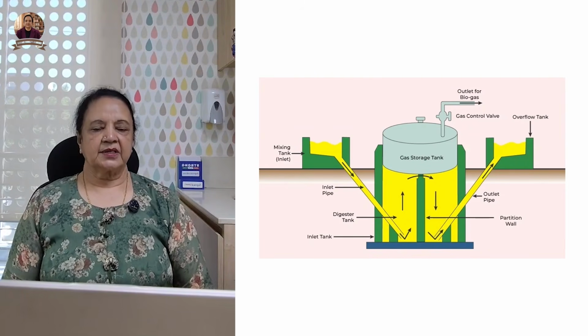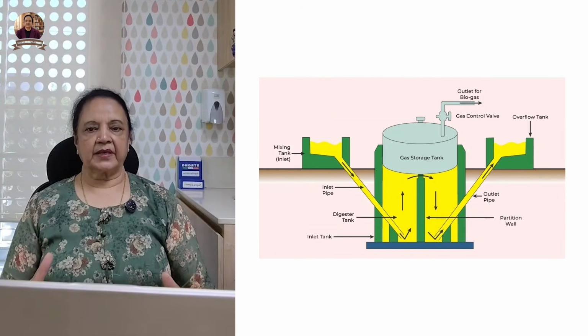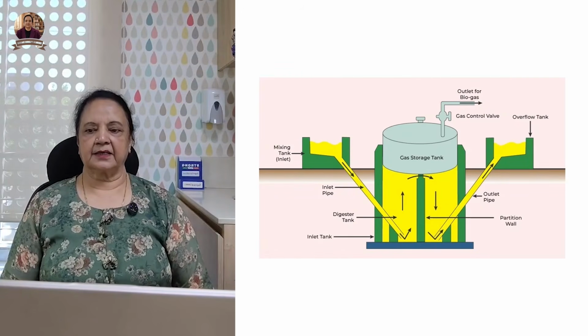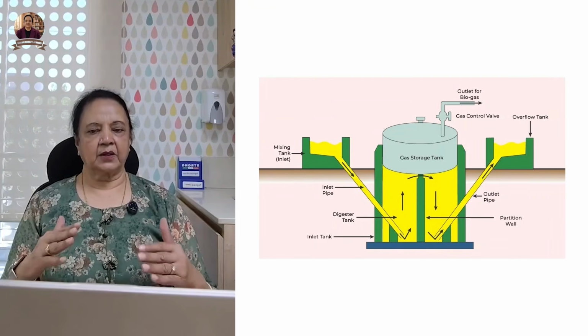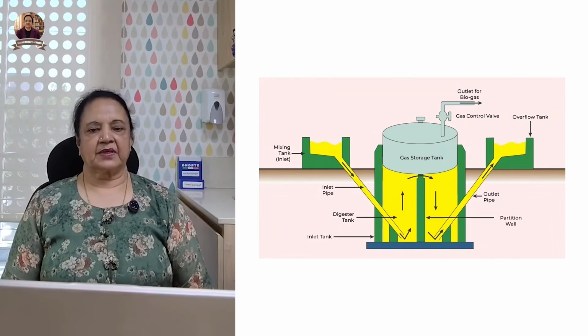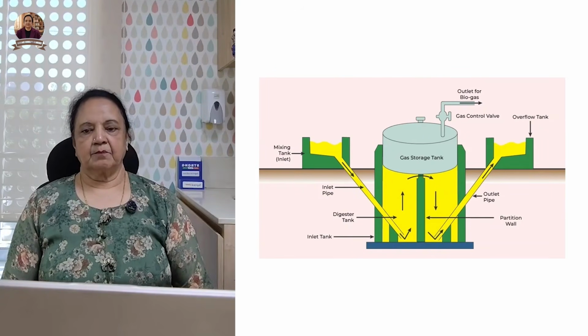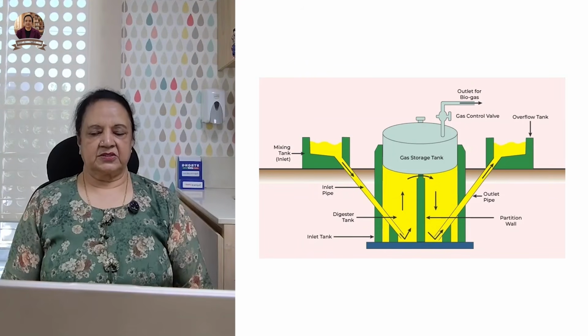Now, the production in a biogas plant. Slurry of organic waste is mixed with water and fed into the digester tank through the inlet. Inside the digester tank, anaerobic microbes, a group of bacteria called methanogens, example Methanobacterium, act on the waste.